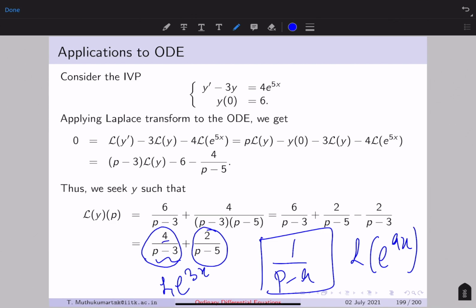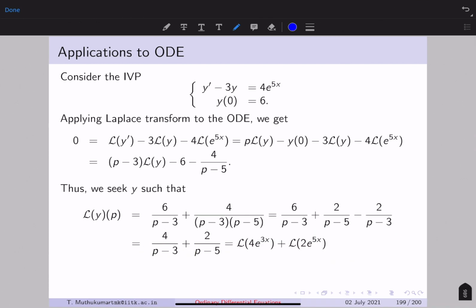Similarly, this one is 2 times e power 5x. So it's the Laplace transform of 4 e power 3x plus the Laplace transform of 2 e power 5x. Now by linearity you can combine them.